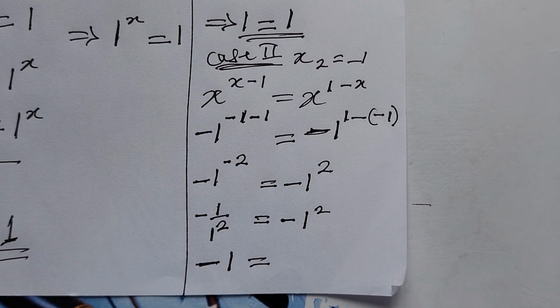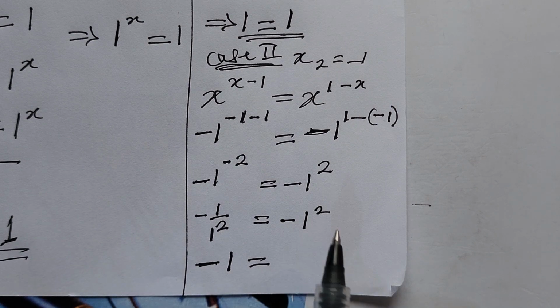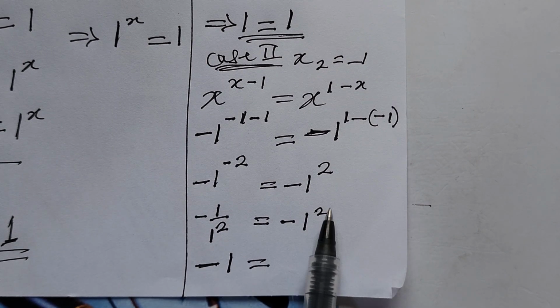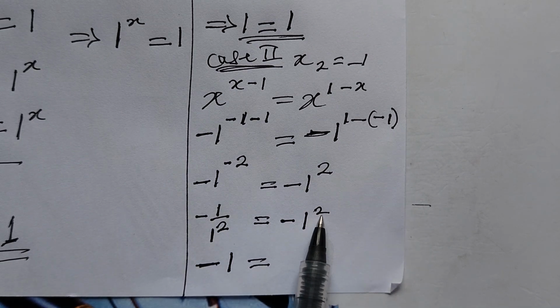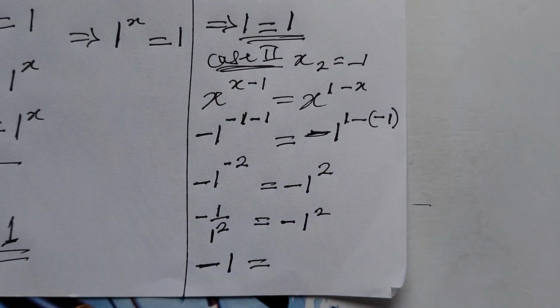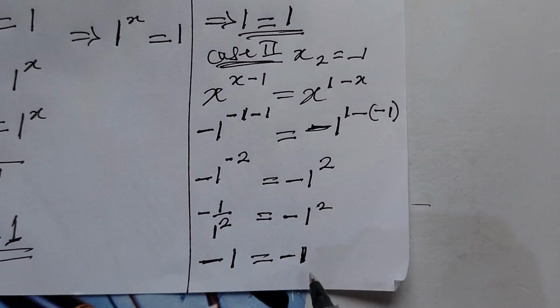I know some of you will ask a question here. This very one, minus 1 to the power of 2, will give us minus 1. The reason being that this minus is not included in the square. The square here is not affecting this minus. So this will also give us minus 1.